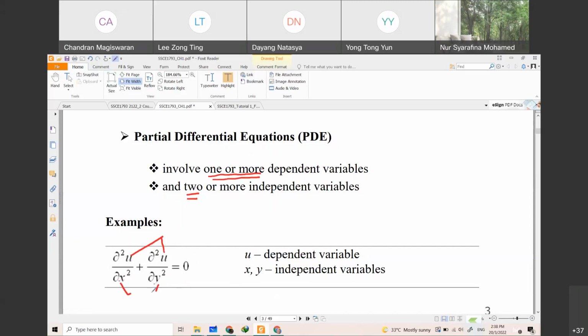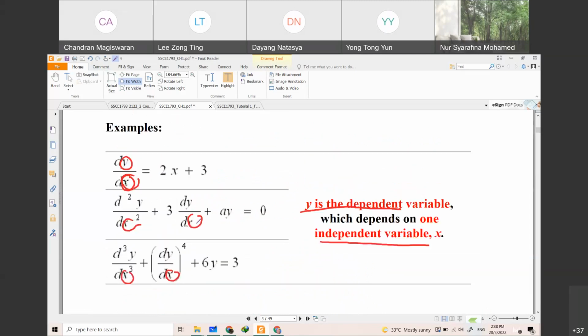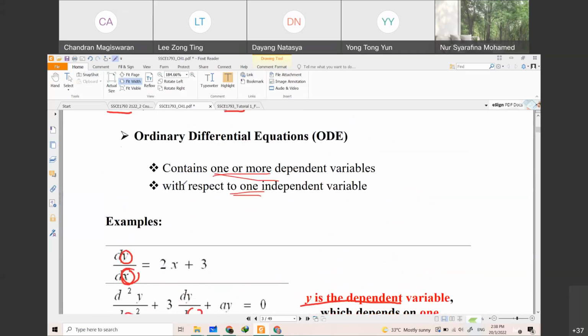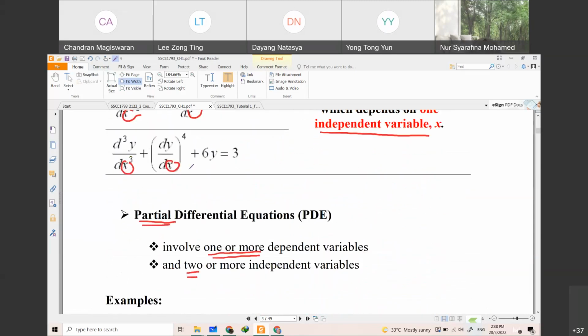We have two independent variables. When there are two or more independent variables, we call it a partial differential equation. If you have only one independent variable, then it is ordinary. That is the difference between ordinary and partial differential equations.